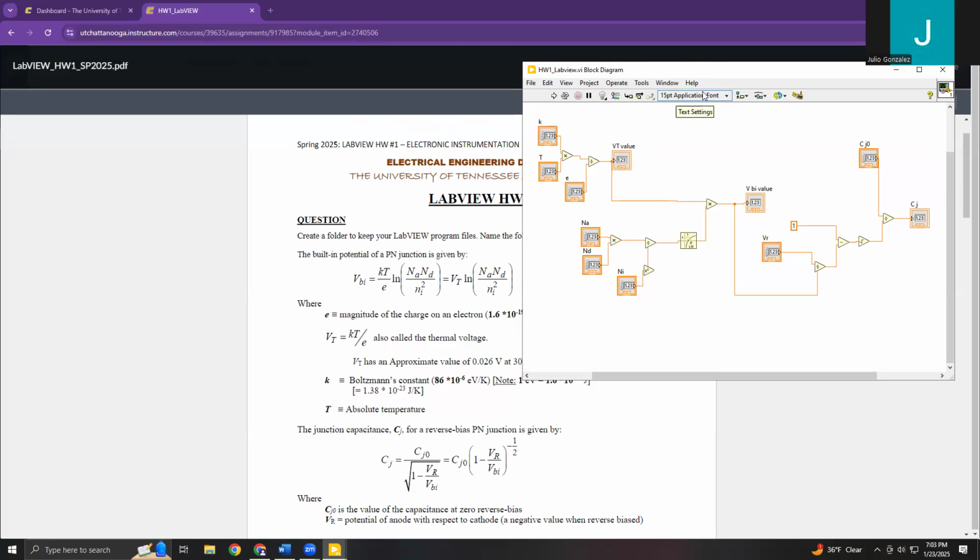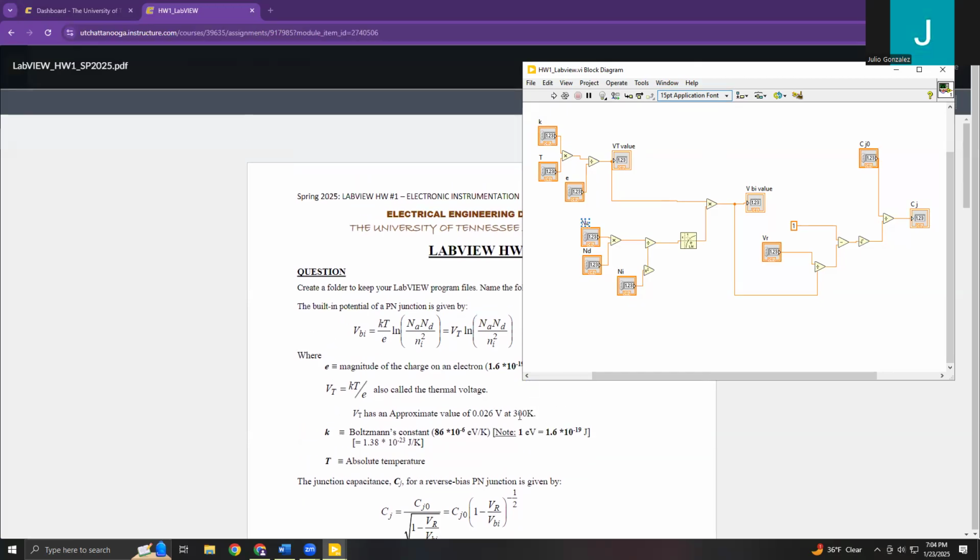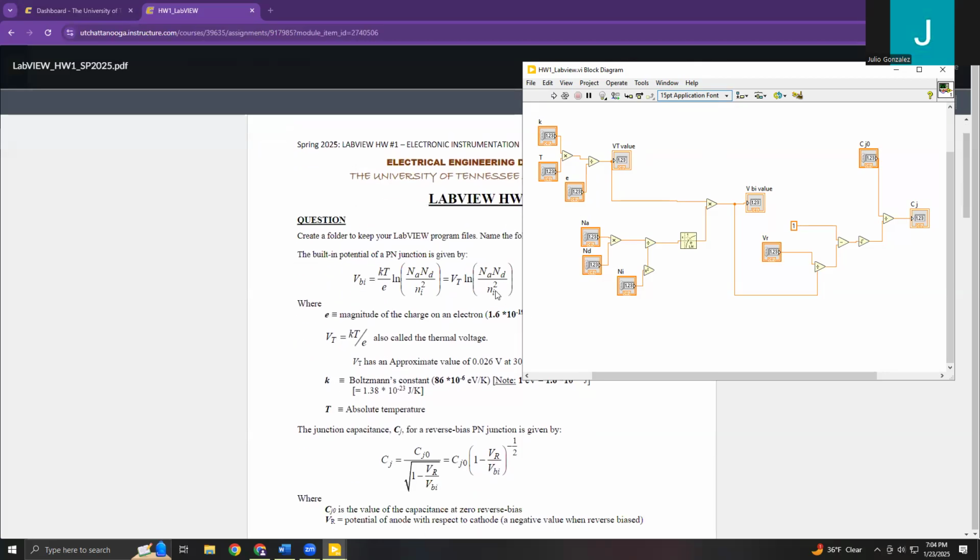It should be approximately this value for this absolute temperature, so I knew I was going in the right direction. After that, I did what's in parentheses here: my NA times my ND, divided by my NI squared, just like it shows here.